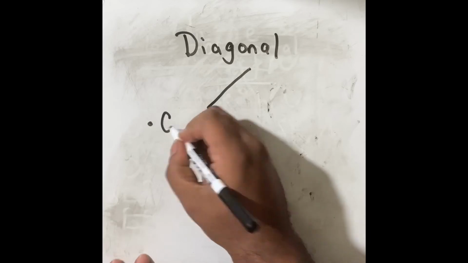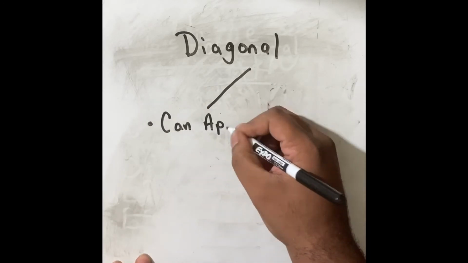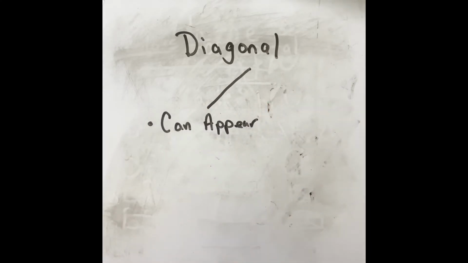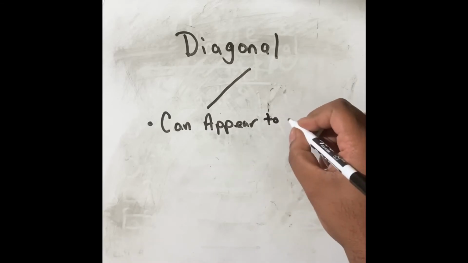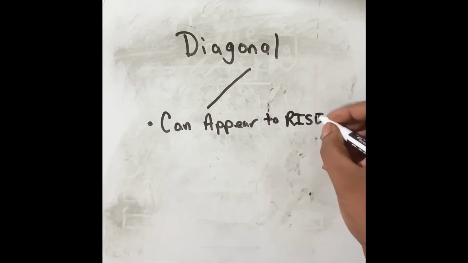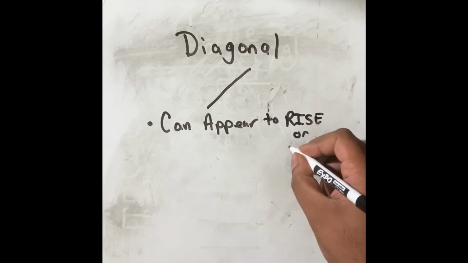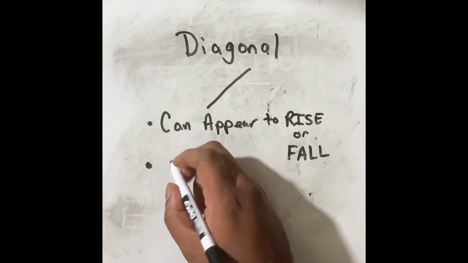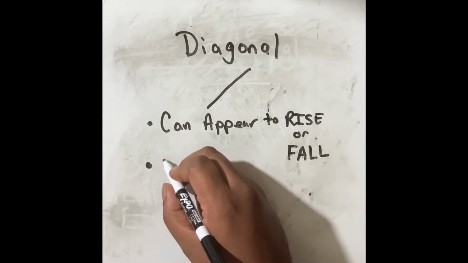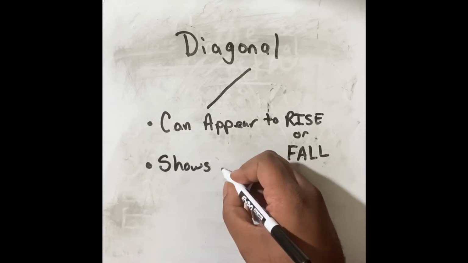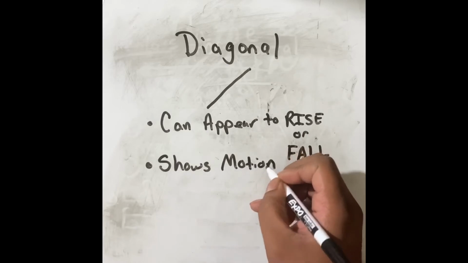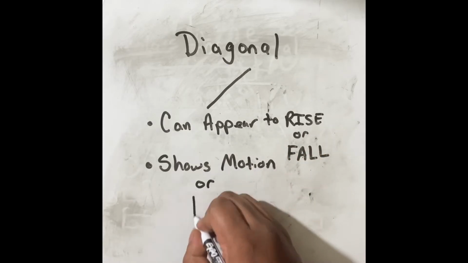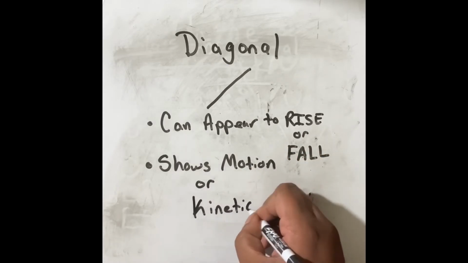A diagonal can appear to rise or fall. It can also show motion, or as Mr. Don Gilly would say, kinetic energy.